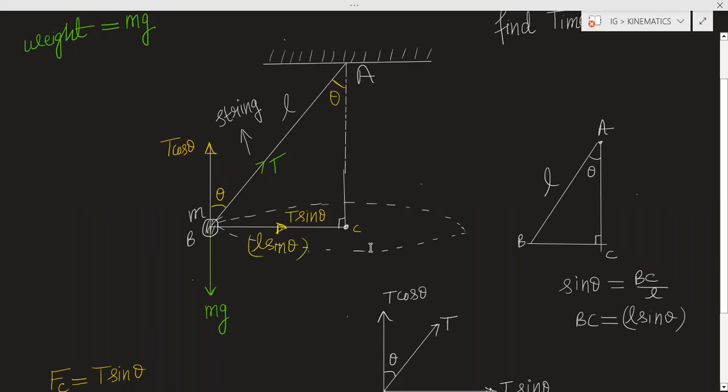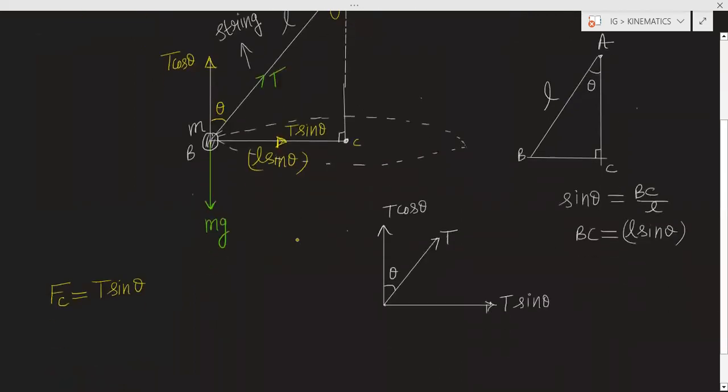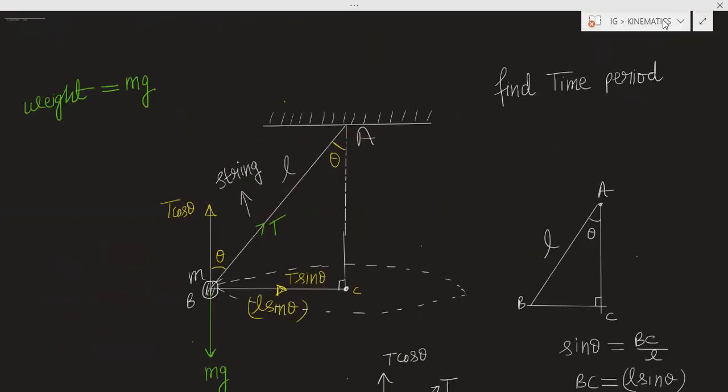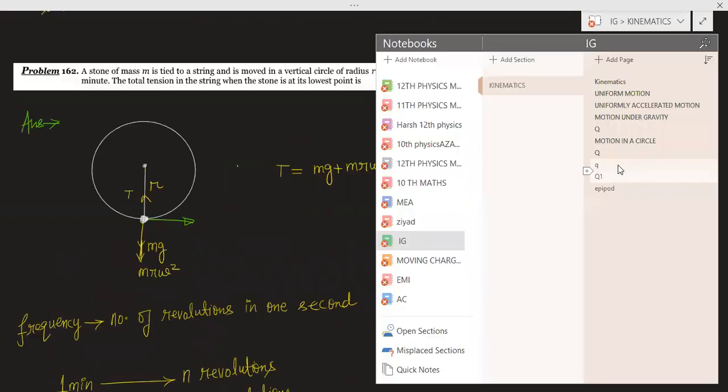Now what is the formula of the centripetal force? m v square by r, or m r omega square. So m r omega square is equal to T sin theta. Now what was the r there in the centripetal force?